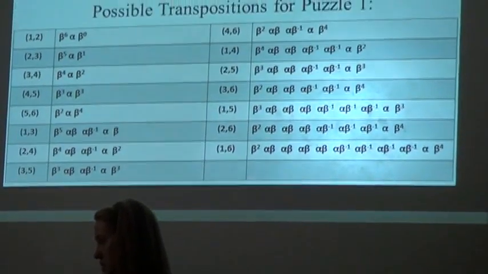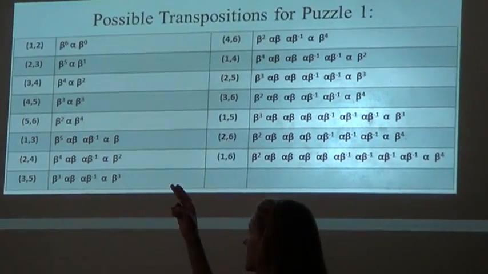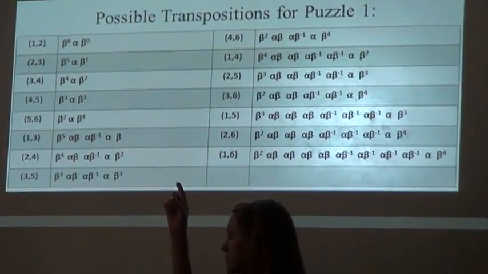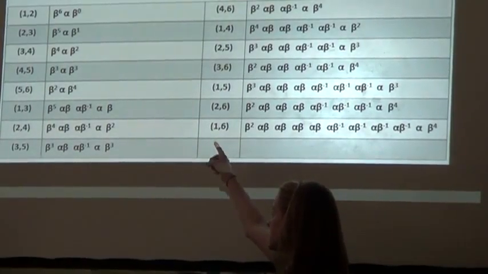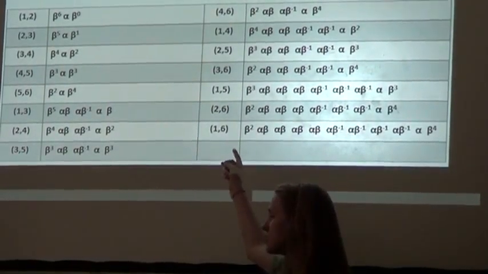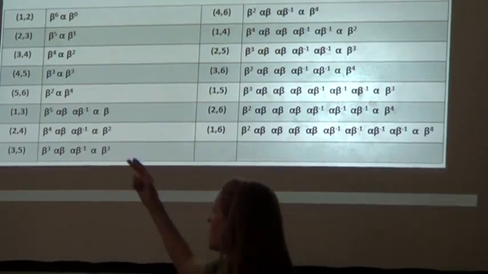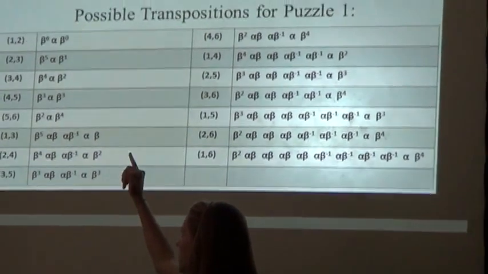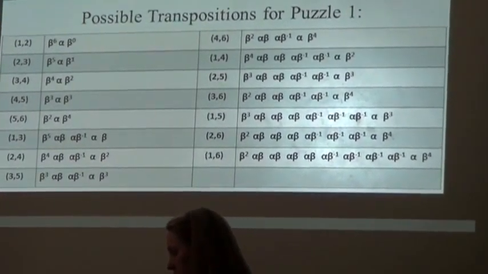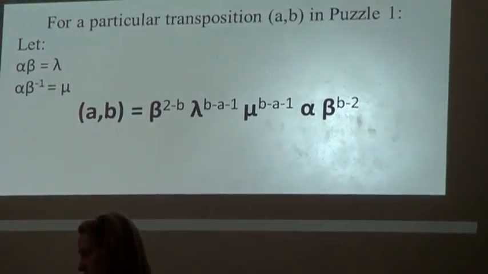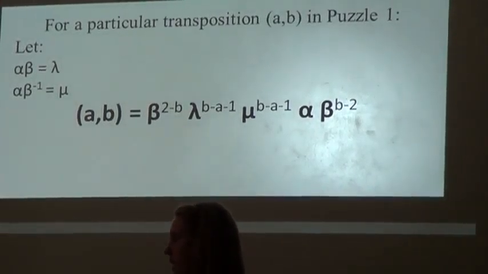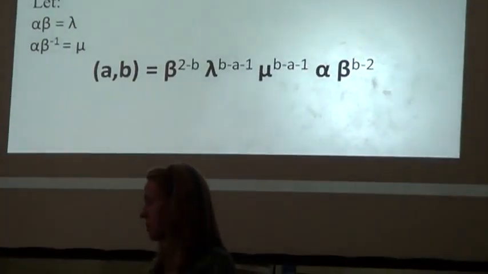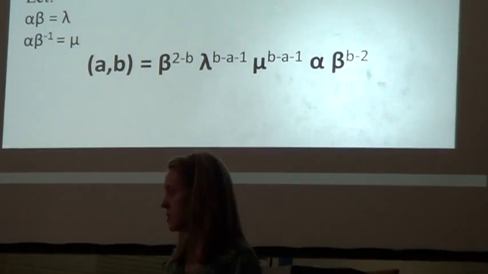So looking back at this chart, you can also see I've ordered it so that the difference between the first number in this transposition, which I've named A, and the second number, B, shows a pattern in the number of alpha and beta moves that you need. And from that, I was able to make a generalization where you let the combination of moves alpha beta equal gamma, and then the combination of moves alpha beta inverse is mu.